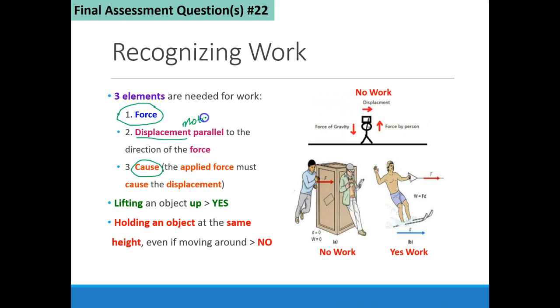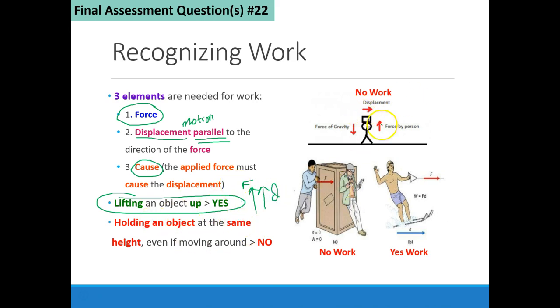So the object does have to in fact move, and that motion is super important, has to be parallel to the force, okay? So for example, if your force is up, then the parallel motion either needs to be up or down. If your force is to the right, then your parallel motion should either be to the left or to the right. So for example, lifting an object up is in fact going to be work because your force is going up and the displacement or the motion of the object is also going up.